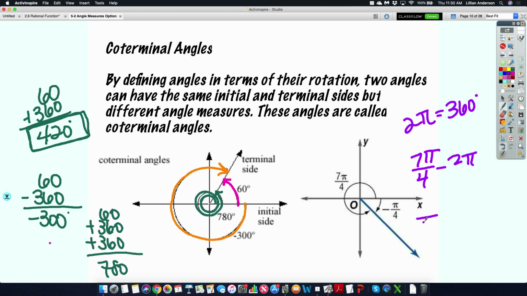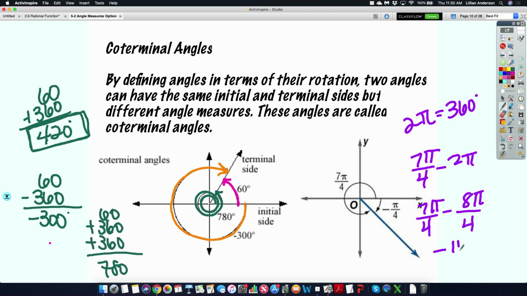4. What would I have to multiply 2 pi by to get a 4 in the denominator? That probably was a confusing question, I'll admit on that one. What would that turn into to make it so that it's a 4 on the bottom? 8 pi. So what's 7 minus 8?